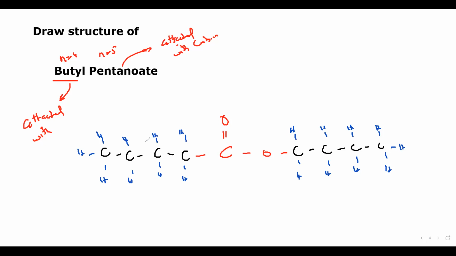The part which is attached with oxygen, we name first, and the part which is attached with the carbon, we name as the second part. So from the name, you should be able to draw the structure, and from the structure, you should be able to name these esters.